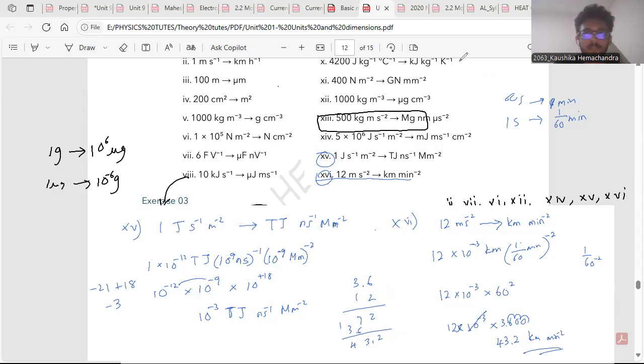Kilometers per square minute is like some sort of acceleration.